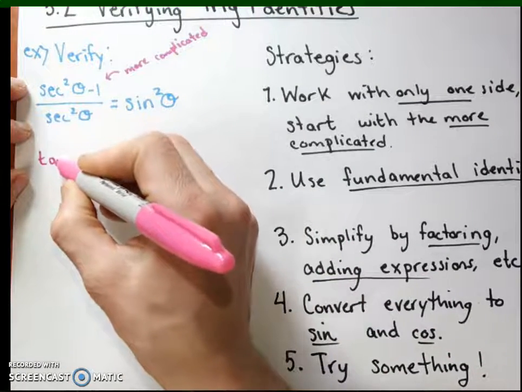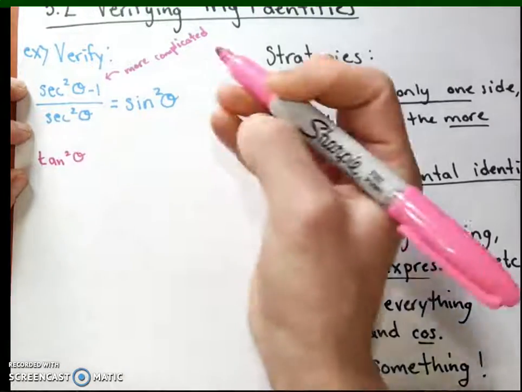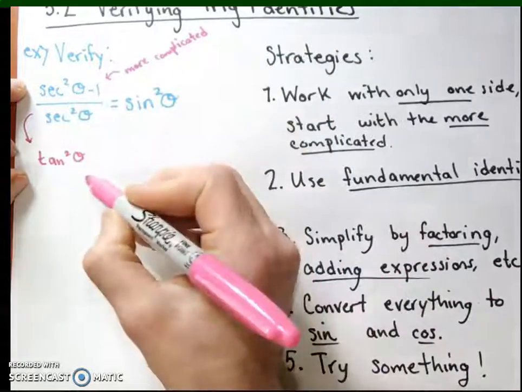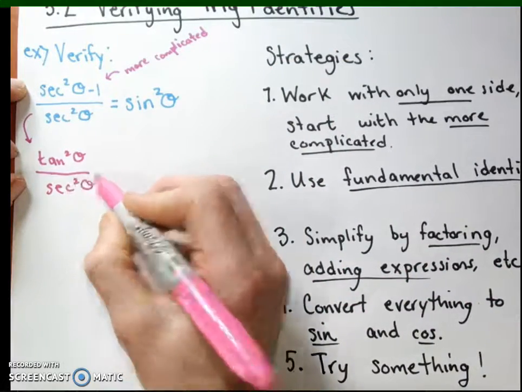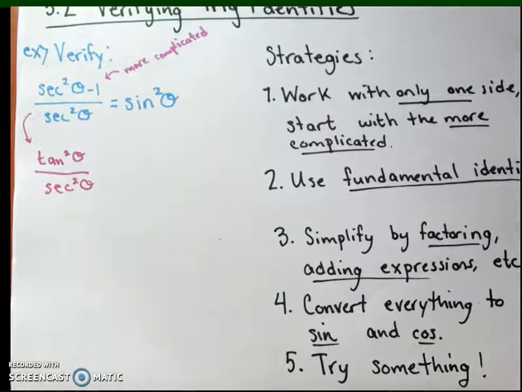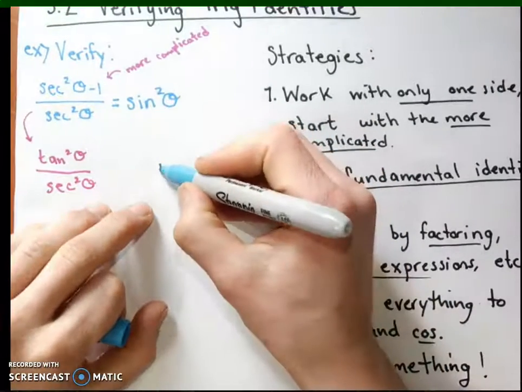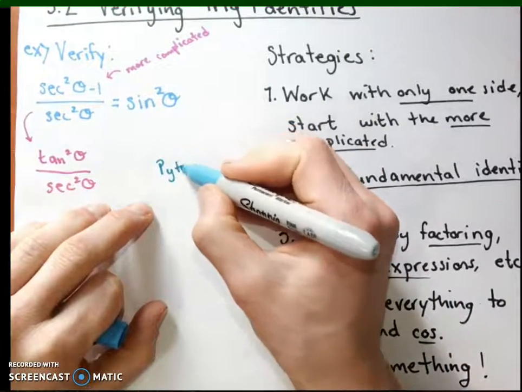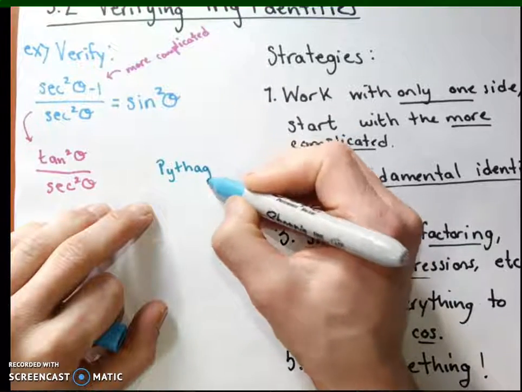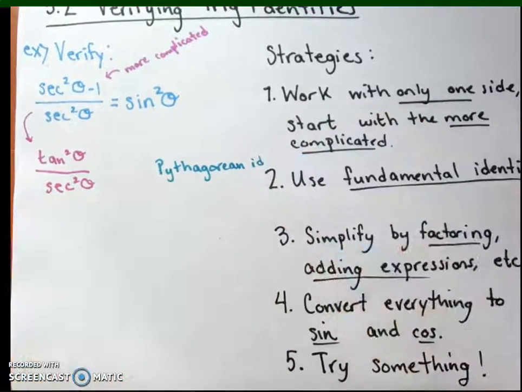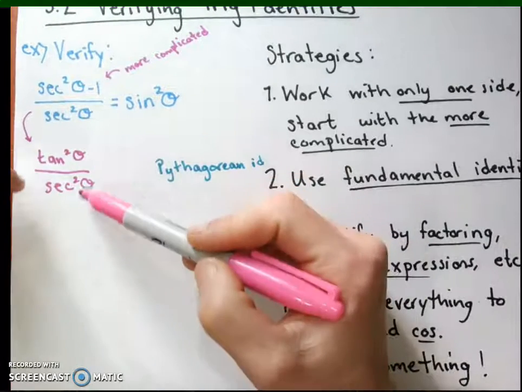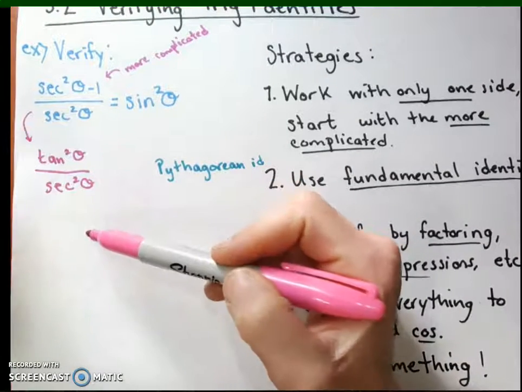This becomes tan squared of theta on the top, and the bottom is the same. And for now, I want you to get into the practice of writing the reason why something is true. So this is by the Pythagorean identity. Now my next step is I need to get some cancellation on the top and bottom.